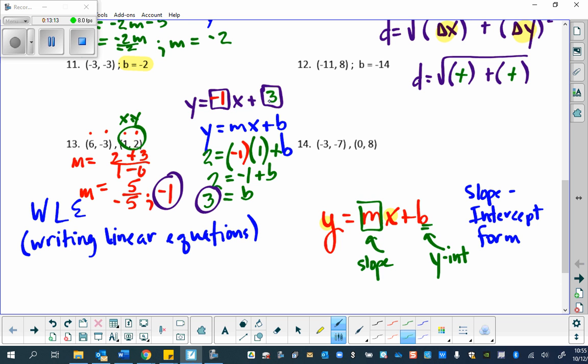So I want you to look at these and try these, and then come back with questions. We'll talk more in class. Y equals negative x plus 3, or do you have to put the 1 there? You can simplify this, absolutely, to y is equal to the opposite of x plus 3. 100%.